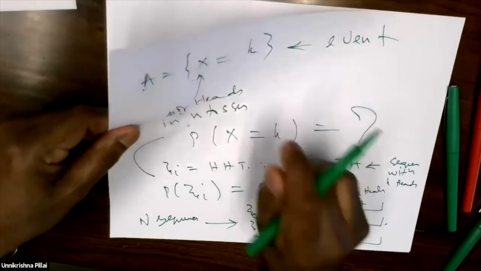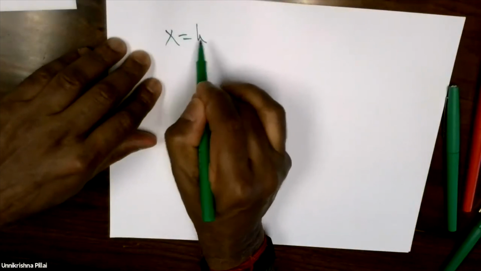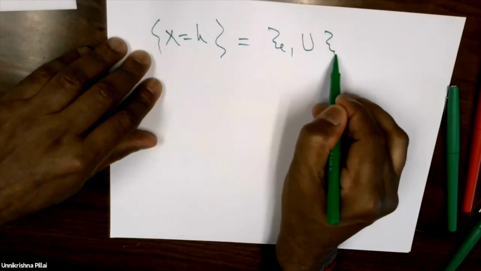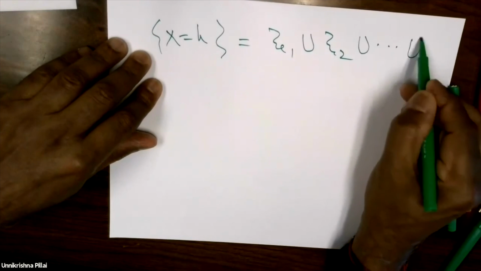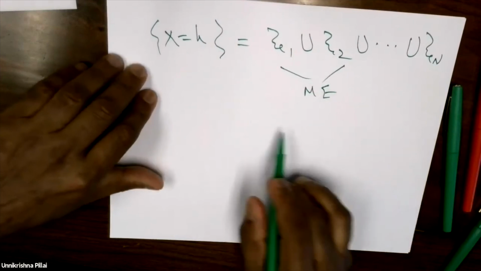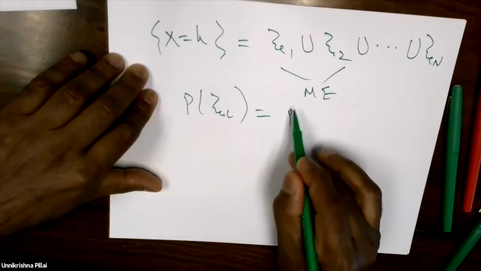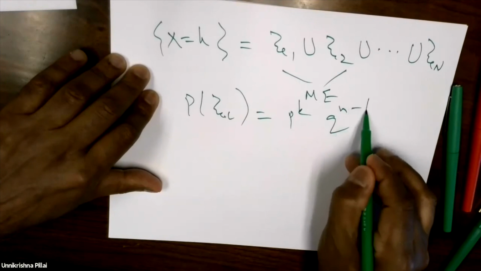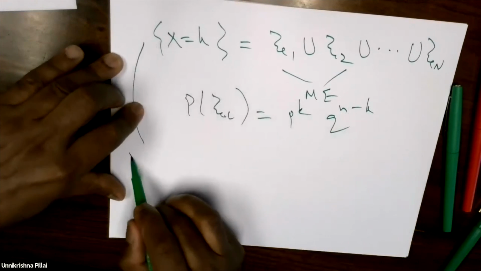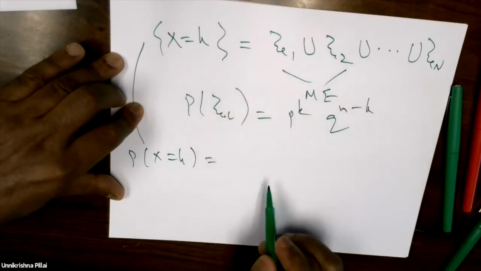What he said is correct. So let me write what he said here. They're all mutually exclusive, and the probability of any one of them is p to the power k, q to the power n minus k. So what will be the probability of x equal to k?